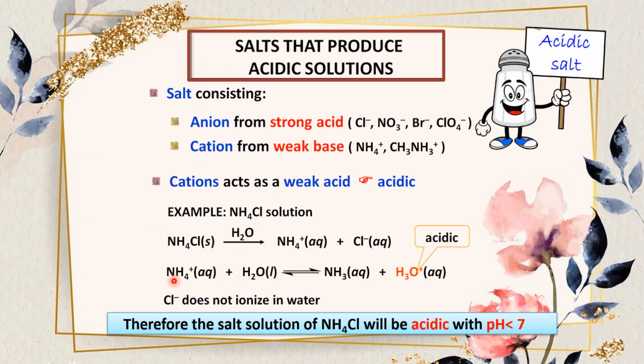It will donate a proton to water and form ammonia and H3O+ ion. Since ammonium ion came from a weak base, it will undergo hydrolysis partially to form ammonia and H3O+. Since the product formed here is H3O+, ammonium chloride is an acidic salt.